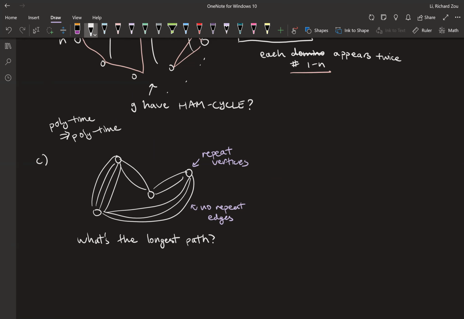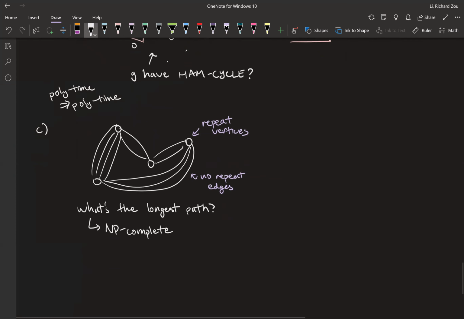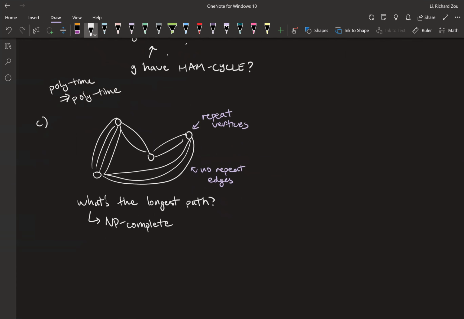Well, longest path on a graph is NP hard, NP complete. It's a little bit weird though, because I believe for it to be specifically NP complete, the graph has to be simple.